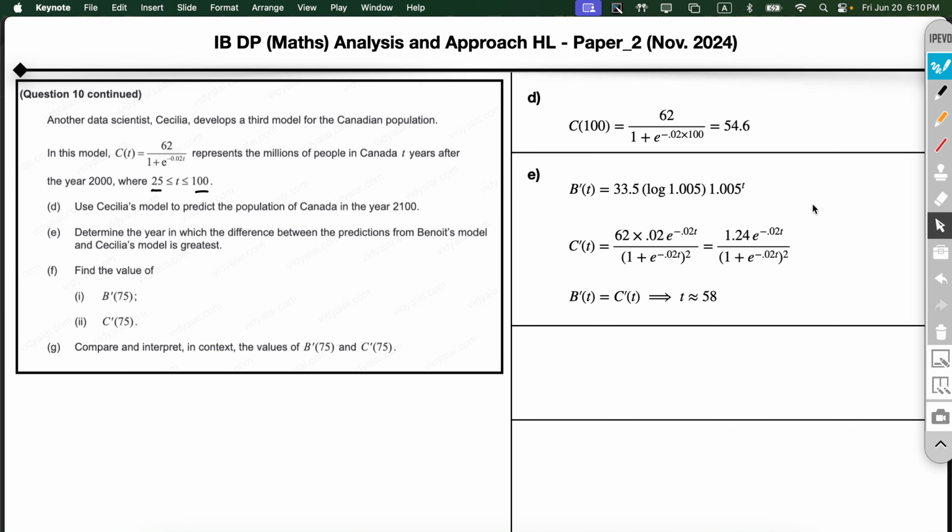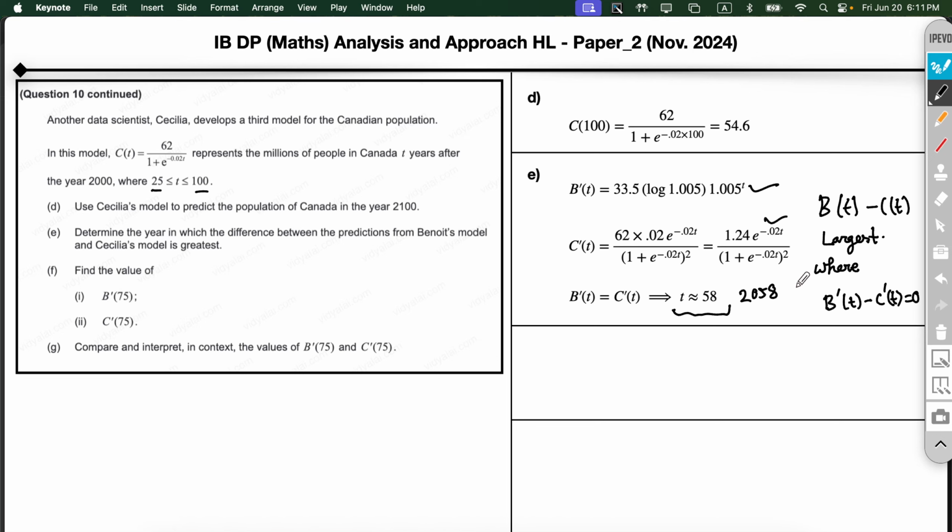When those two derivatives are the same, their difference, b of t minus c of t, is largest, or it has a maximum, where b prime of t minus c prime of t equals 0. You can plot these two functions in the calculator and find their intersection points to find the value of t. In this case, the solution is t equals 58. So in year 2058, their predictions differ by the largest amount.